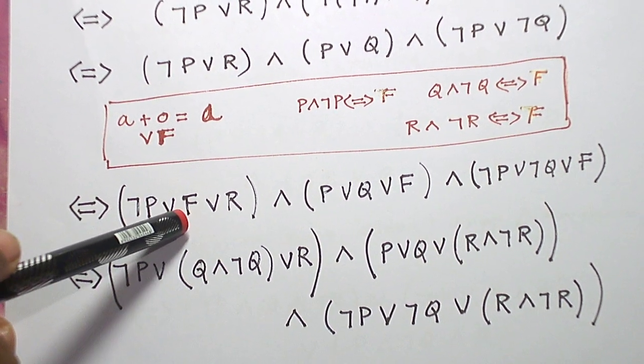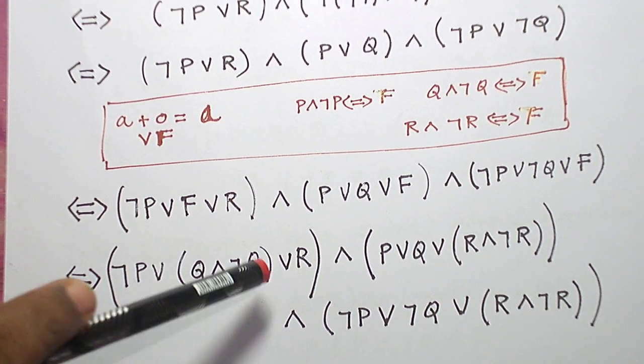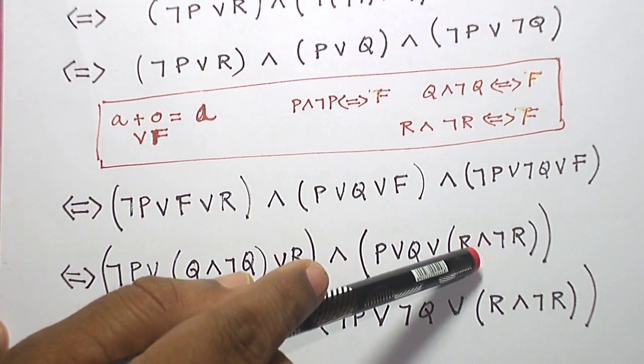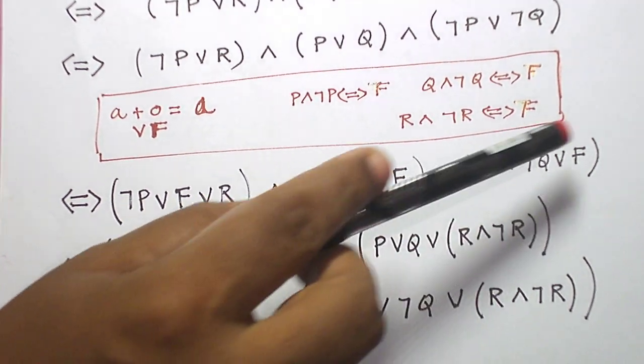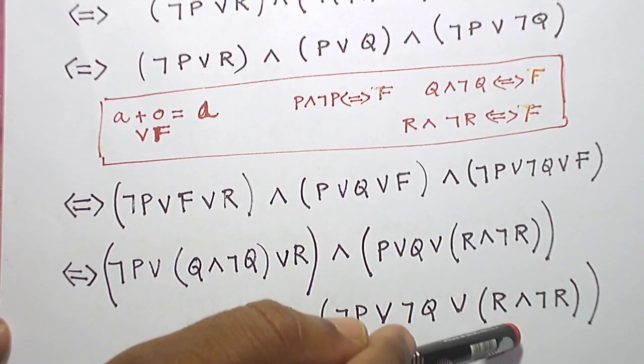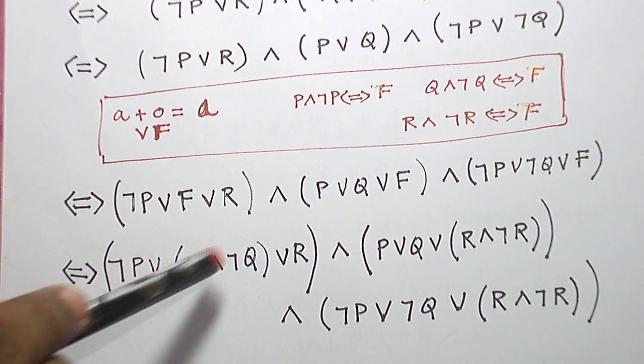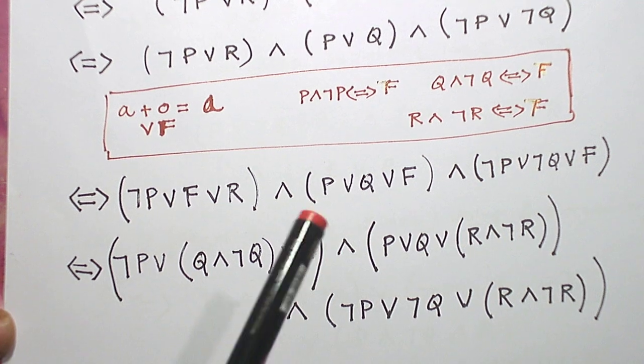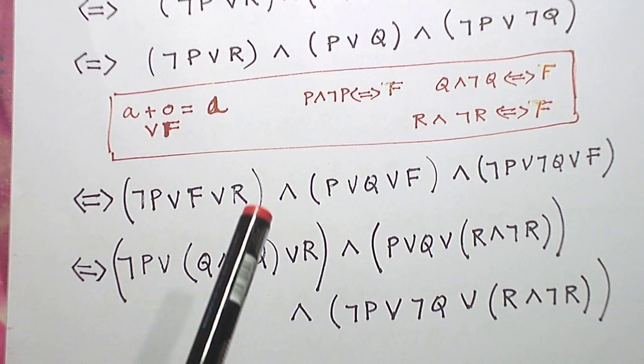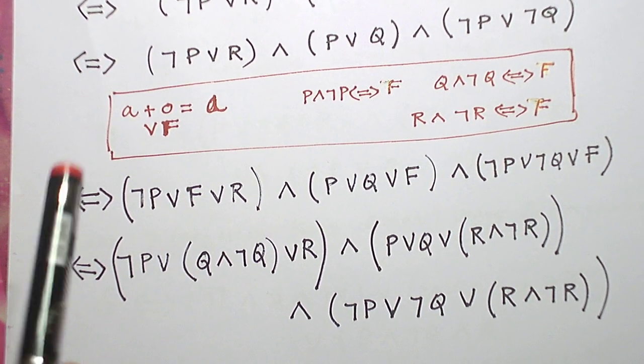In the first term I am going to replace F with Q and negation Q. In the second term I am going to replace it with R and negation R. In the third term also with R and negation R. Now negation P, you multiply inside this bracket. Multiplying inside the bracket is nothing but the distributive law.